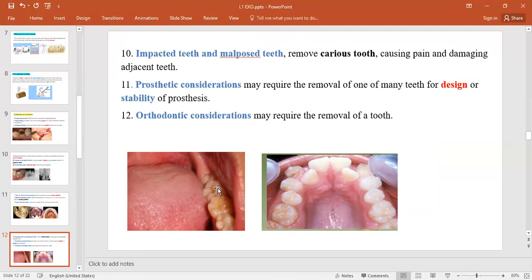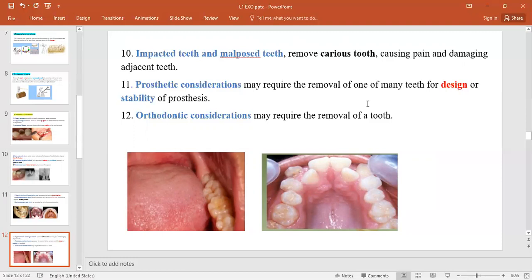Malposed tooth: if the tooth is not in its normal position and causes an aesthetic disturbance, we must extract it. A prosthetic consideration may require removing one or many teeth because it affects the design and the stability of the denture, so it needs to be extracted.